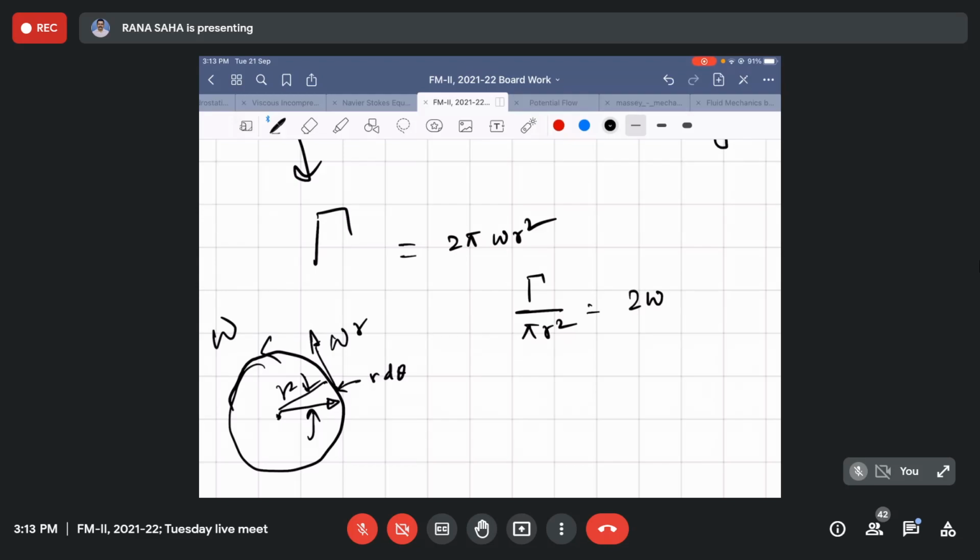So that is actually your vorticity. So vorticity is twice the angular velocity. From this particular form of a pattern of flow, we can have this relation also.